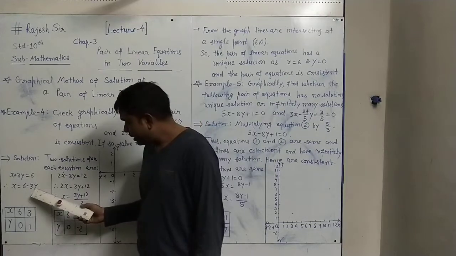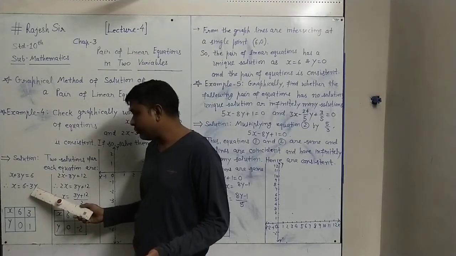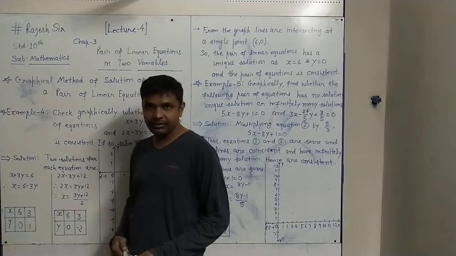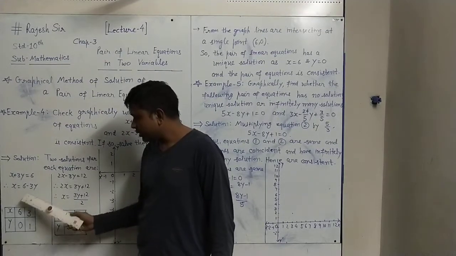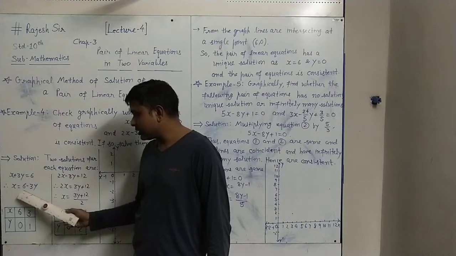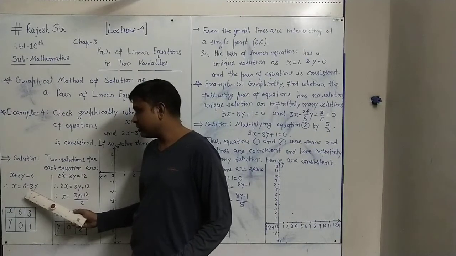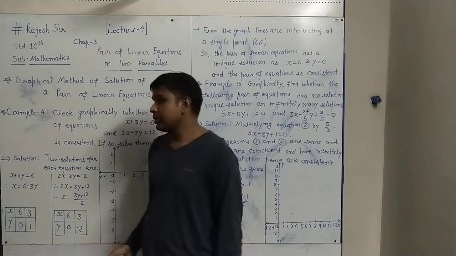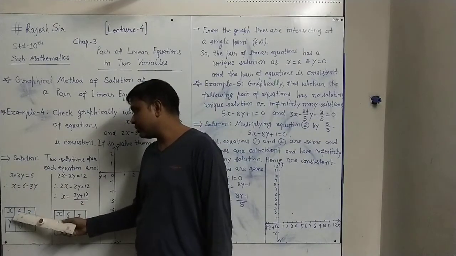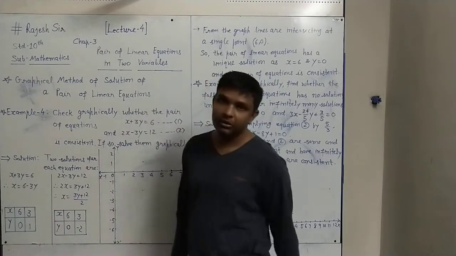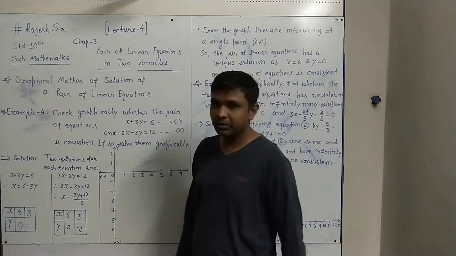Now for different values of y, we will find x. If I take y equal to 0, then 6 minus 3 into 0 is 6 minus 0, which is 6. So (6, 0) is one pair of the solution.